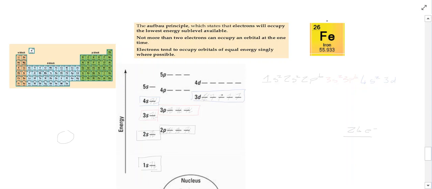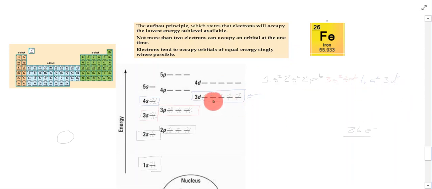So you have 1, 2, 3, 4, 5, 6 electrons. And notice as well that these are the outermost electrons. So when there's a chemical reaction involving iron, it's going to be these electrons here that will come into contact with whatever they react with.